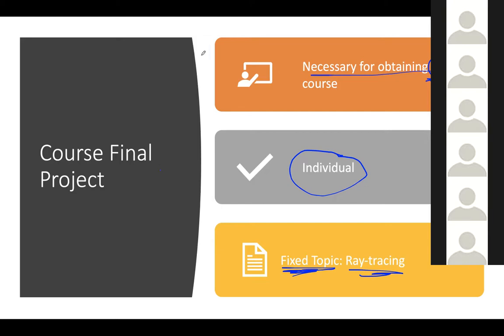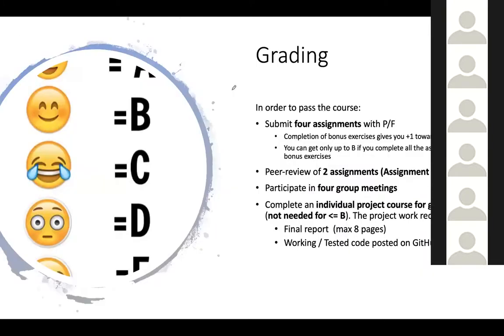Okay, so let's go ahead a little bit. Let's talk about the most important thing of the lecture today, that is grading. What you need to pass this course is to submit the 4 assignments with pass or fail, and you need to peer review assignments 2 and 3, so not this module and not the last module, the ones in the middle. Then you will need to pass the 4 group meetings.